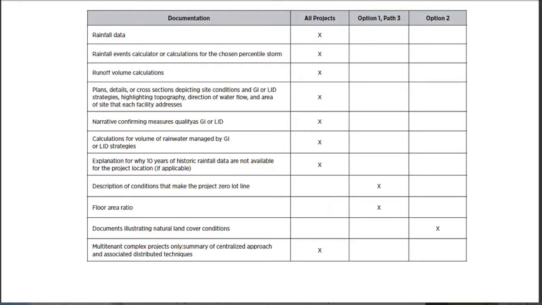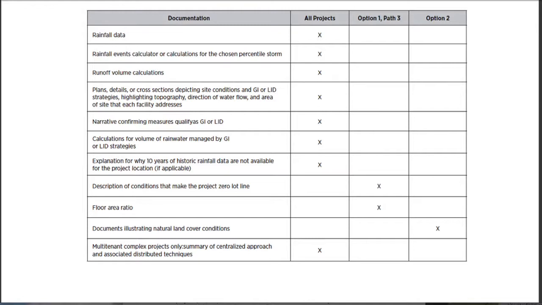Also, the design team needs plans and details depicting site conditions, strategies, direction of water flow, etc. The design team is also required to provide a narrative confirming measures qualify as green infrastructure or low-impact development. Calculations for volume of rainwater managed by low-impact development and green infrastructure need to be included, as well as an explanation for why 10 years of historic rainfall data may not be available for the project location.